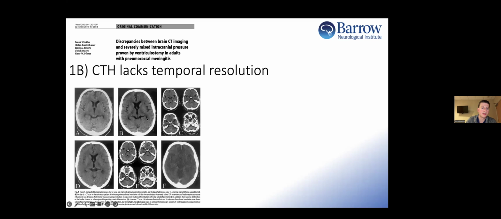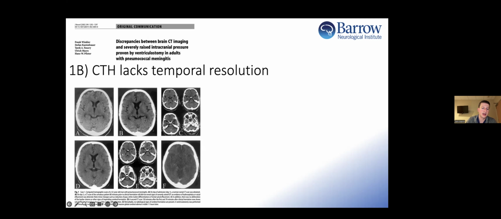Image A is an adult patient that came in with strep pneumo meningitis. In image B, you can see slight effacement of the sulci and the appearance of some early loss of gray-white differentiation. However, I don't think any of us would look at the scan and say, this is a patient with elevated ICPs, in the setting of these open sulci and basal cisterns.